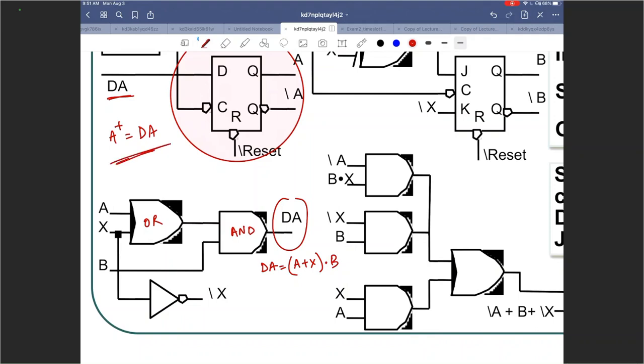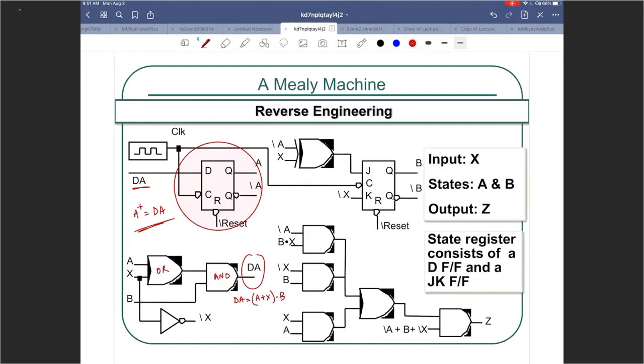I think the other elements are pretty straightforward. We have already seen how to do JK. Over here, Z is dependent on A, B, and X, right? If you take a look at this, Z depends on A, B, X, so it depends on both the inputs and the states, which means that it is a Mealy machine.